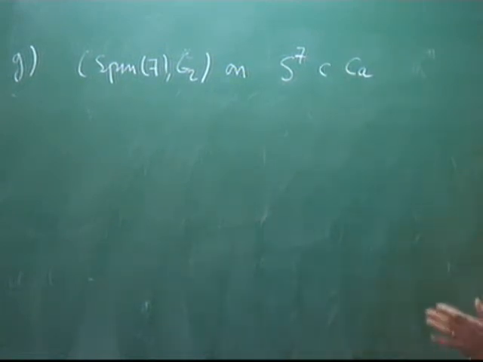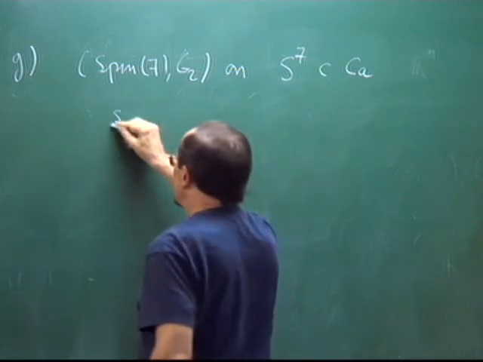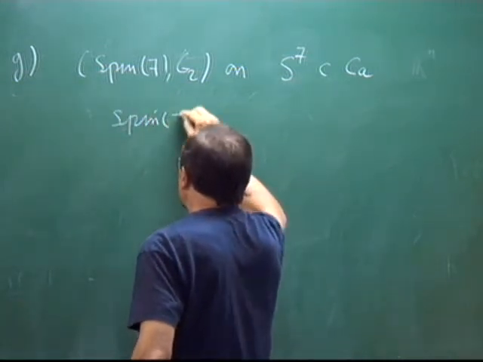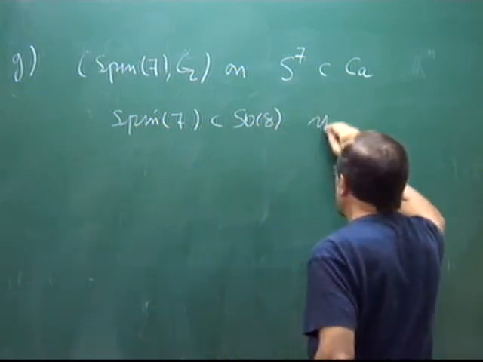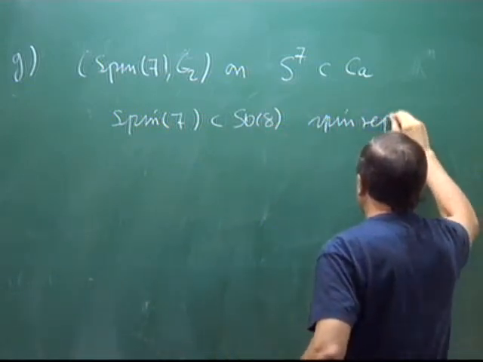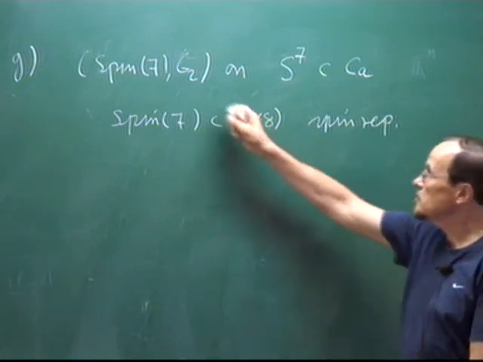We haven't discussed the spin groups. I'm not going to say much about it, but of course this here is 8-dimensional, so this is Spin(7) contained in SO(8). And that's a spin representation, one of the low-dimensional spin representations. So it acts on R^8, and then it turns out the stabilizer is G2.